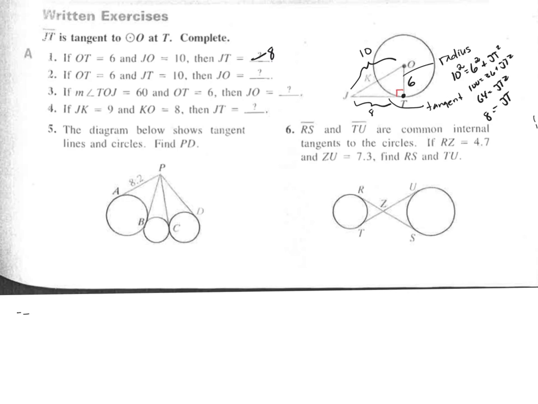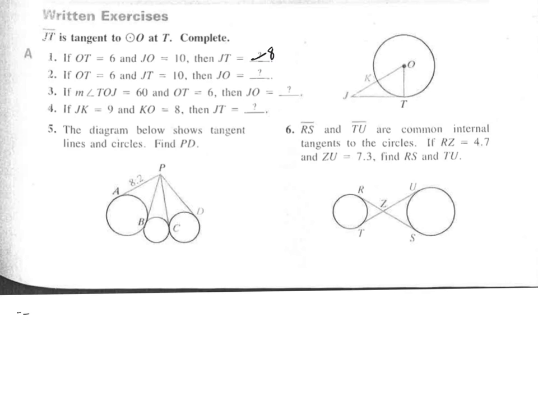Let's see what we should have gotten for the second one. Let's see if I can erase this. Alright, now let's remark our drawing. OT now is 6. I believe it still was. Now JT is 10.